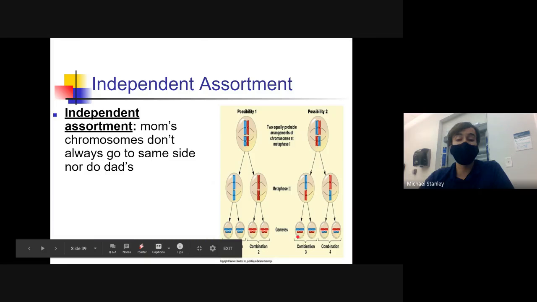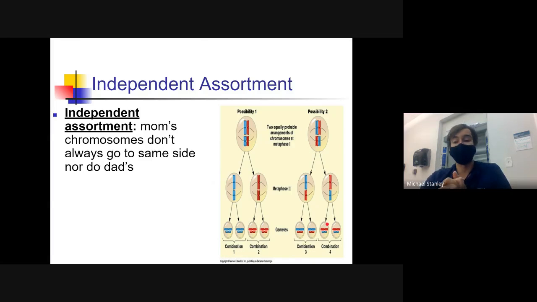So now you end up with a completely different combination of gametes than you did before. Now, some of your cells have your dad's chromosome for, in this case, the big chromosome, and your mom's chromosome for the little chromosome. And then your other cells end up with your mom's big chromosome and your dad's small chromosome.